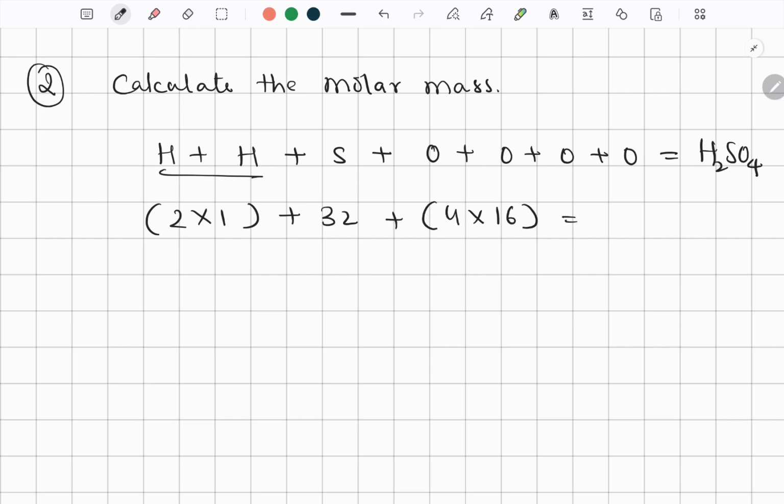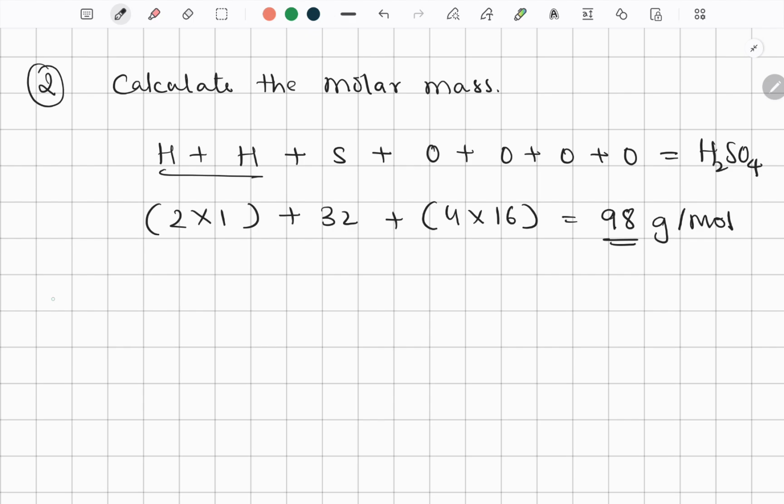If you do this calculation you get 98. Let's calculate: 2 plus 32 plus 64 is going to be 98. So the molar mass, or gram molecular weight, of H2SO4 is 98 gram per mole. This is the second step.